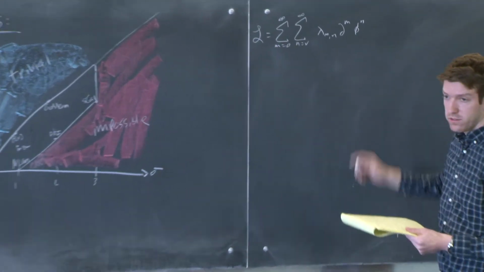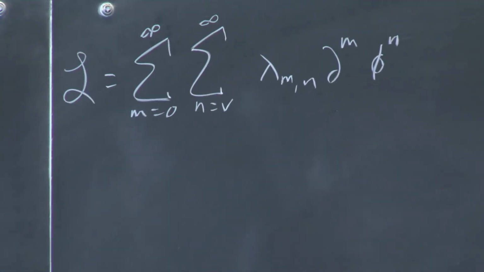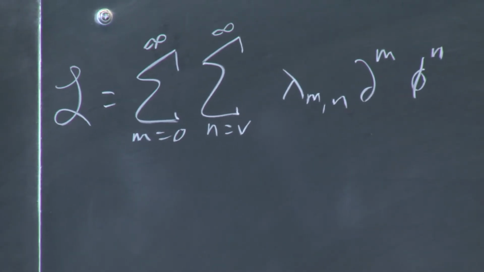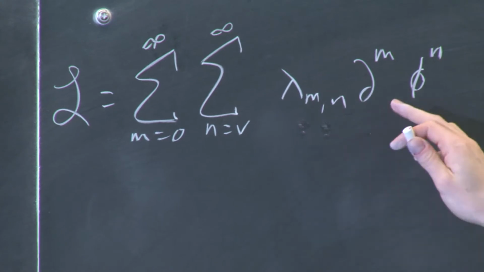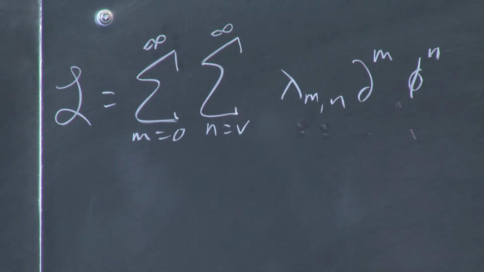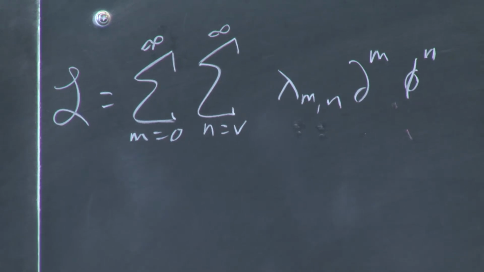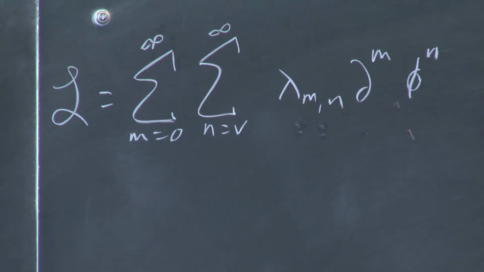It might look something like this, where this is, of course, ignoring all Lorentz structure, but for a given m and n level, there can actually be many coupling constants. There are many different ways to Lorentz contract these different fields, but this is just schematic, and that gets at why it's very difficult to enumerate all possible Lagrangians.